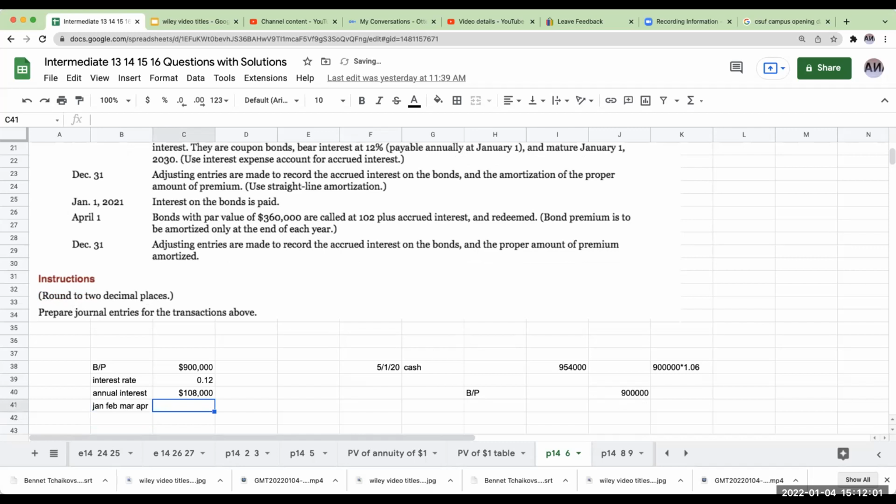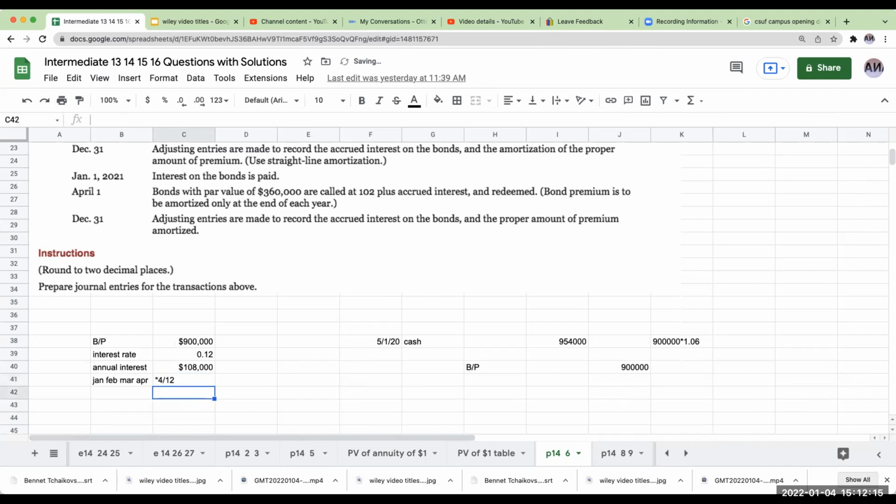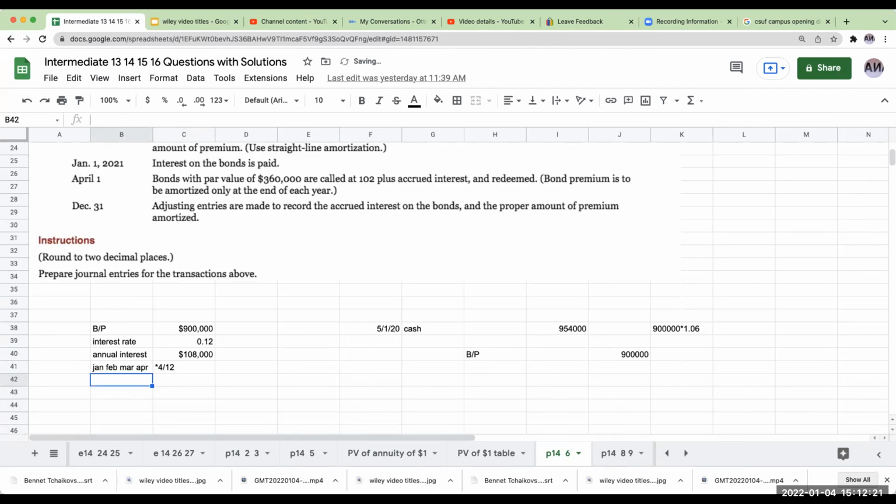So we're going to multiply this by 4/12, or the interest that has already passed, because on January 1st of 2021, we're going to be giving them 108,000, which doesn't really seem fair because it's May 1st. So they're giving us an advance for the accrued interest. So the accrued interest is going to be 108,000 times 4/12, or 36,000.